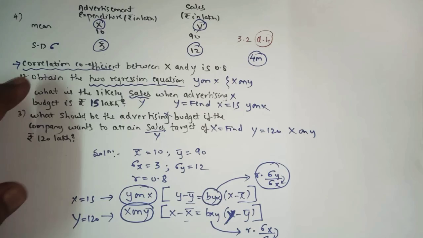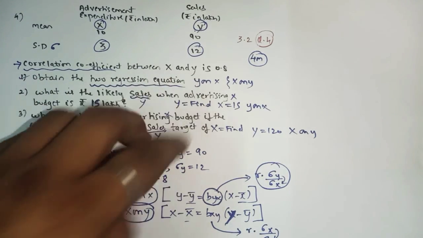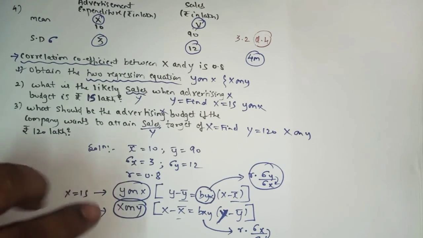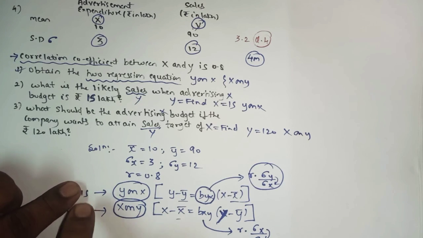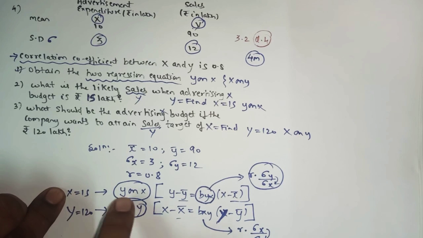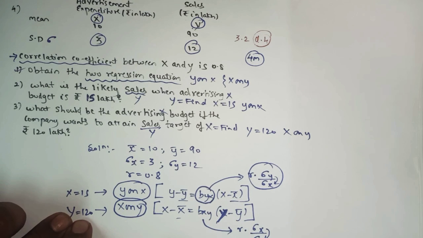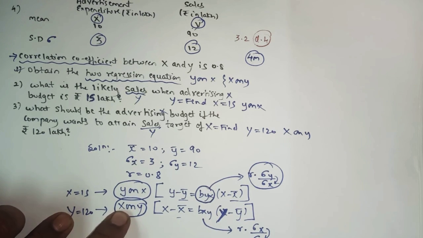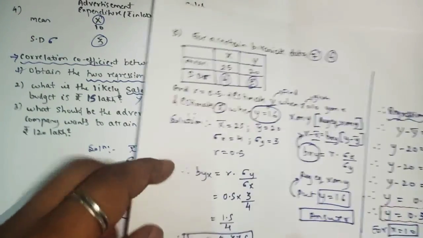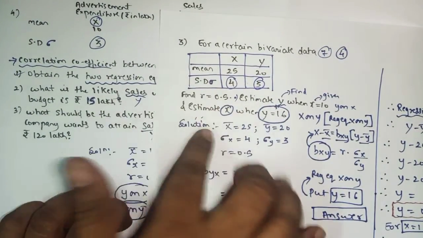Same thing. First you will find the two regression equations. You will take the first one, put the value of x equals 15 to get the value of y. Then in the second regression equation, you will replace the value of 120 to get the value of x. Same, just the difference is the pattern of the question.